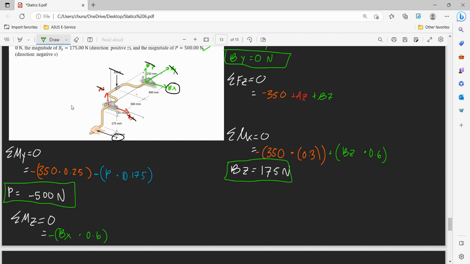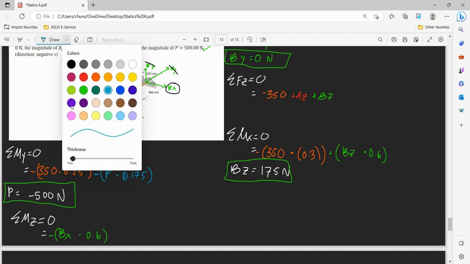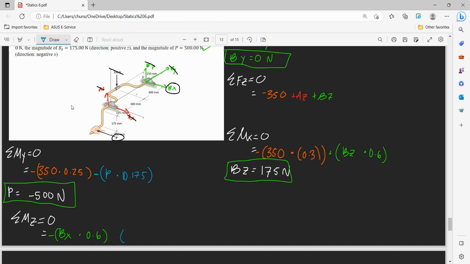Okay, we have our force of P, which we already have, so this is P. We are in our x direction, we're measuring about our z-axis, so we want our y distance, which is times 125 plus 100. This is 225.